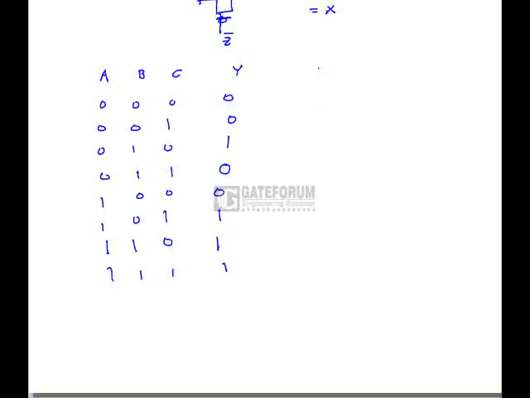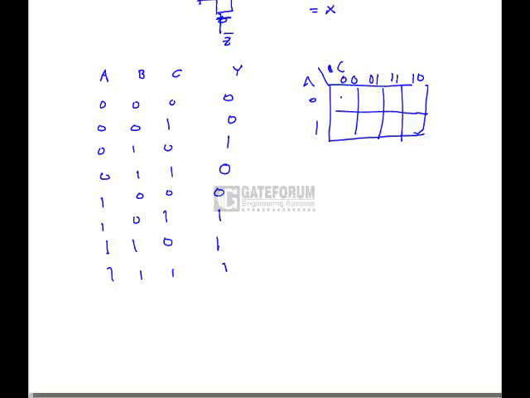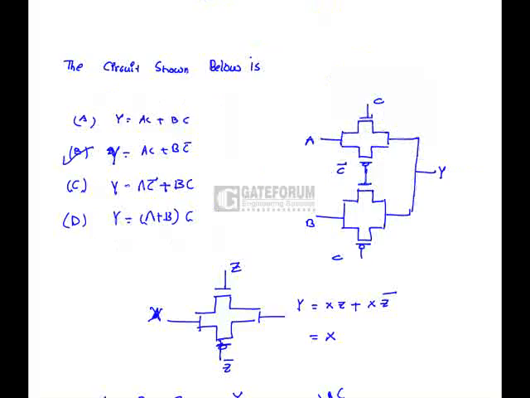So if we solve the expression for Y in terms of ABC, and group these two, Y is going to be BC bar plus AC. Hence option B is correct.